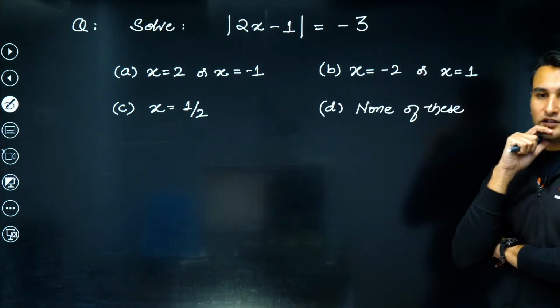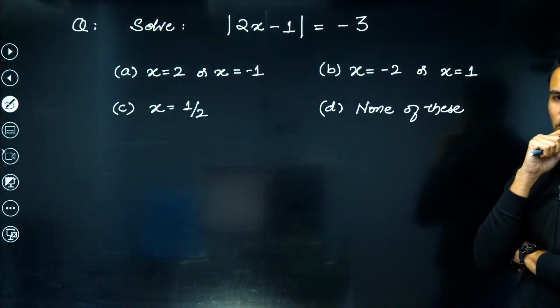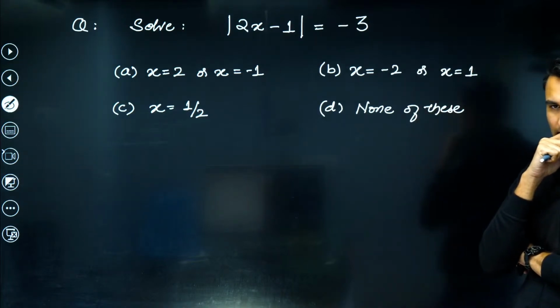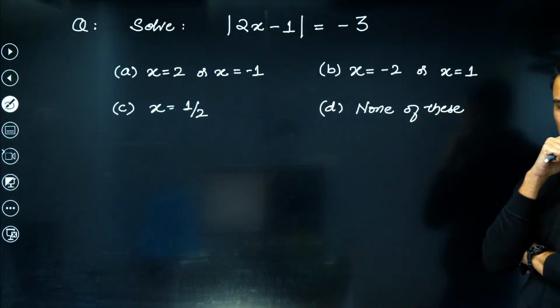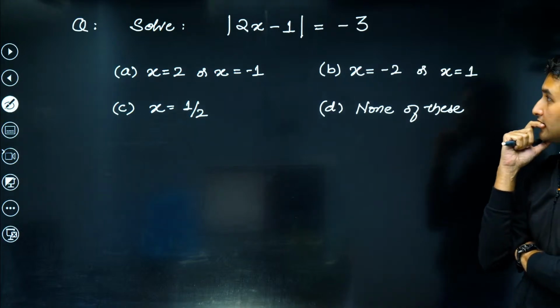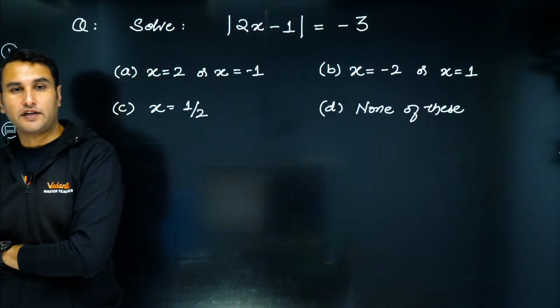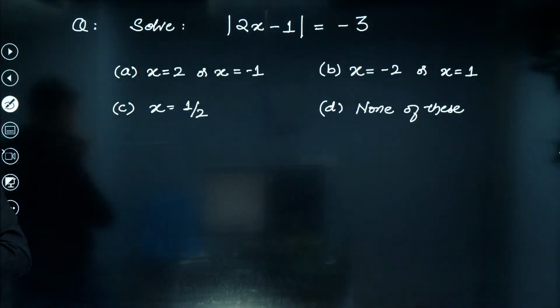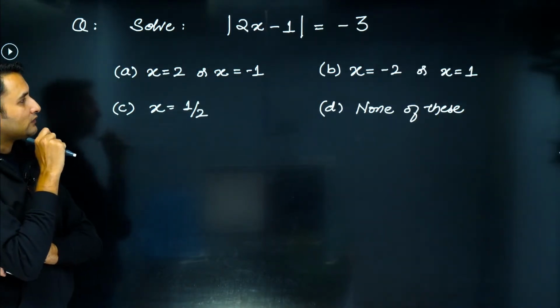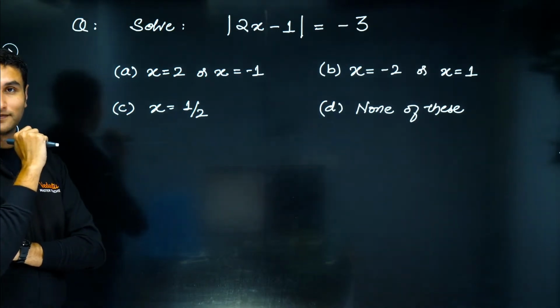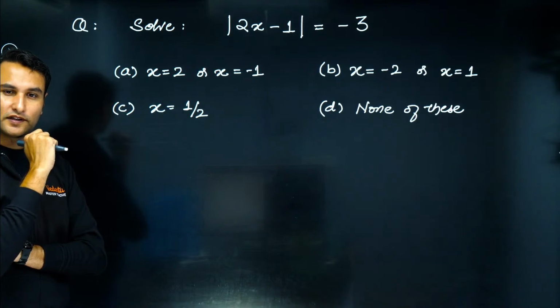What is the answer of this? Quickly, can you tell me in the chat? Modulus of 2x minus 1 is equal to minus 3. What should I do? Is it even possible?